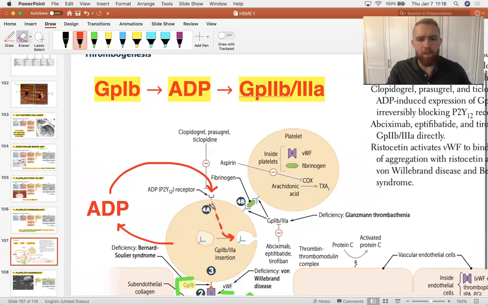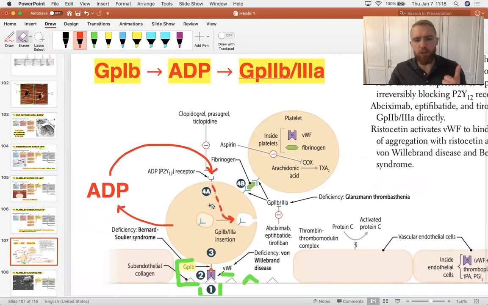Well, we said that you got an injury and that exposed some collagen, and endothelial cells made some von Willebrand factor that helps platelets stick to the vessel wall with glycoprotein 1b. And when that is bound, that's going to cause platelets to make some ADP, and ADP is going to loop back around and act in an autocrine manner on your platelets to get them to put glycoprotein 2b3a onto their surface.